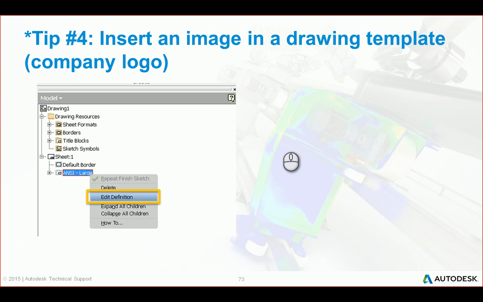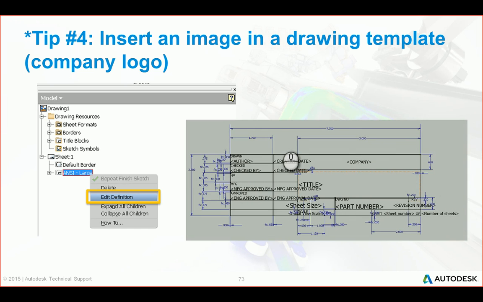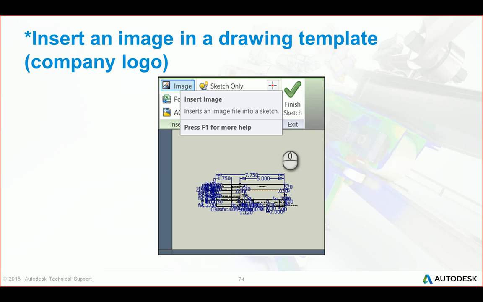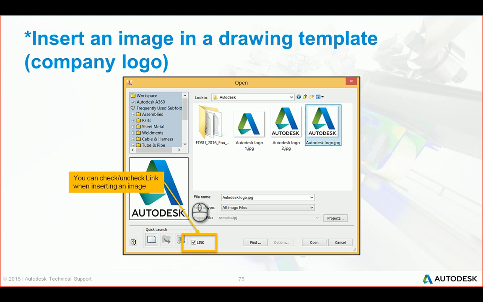Okay, we're going to go over inserting an image into a drawing template. So we go and edit the definition, and you can insert the image. One of the options it gives you is link.